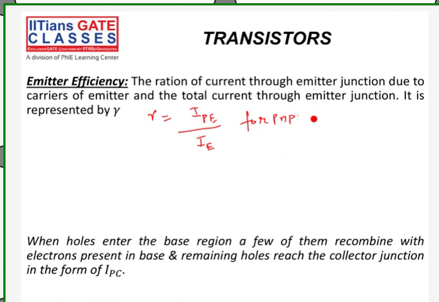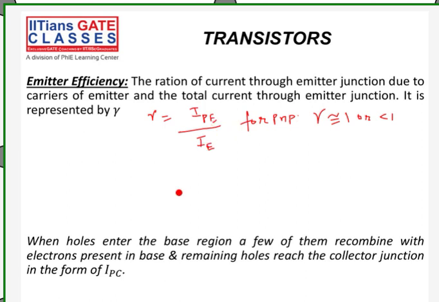You can say gamma is approximately equal to 1, or we can say it is always less than 1. It is slightly less than 1, approximately equal to 1 or slightly less than 1, because IPE is approximately equal to IE.